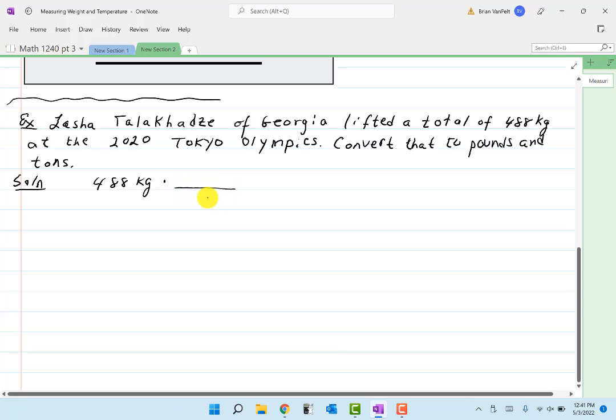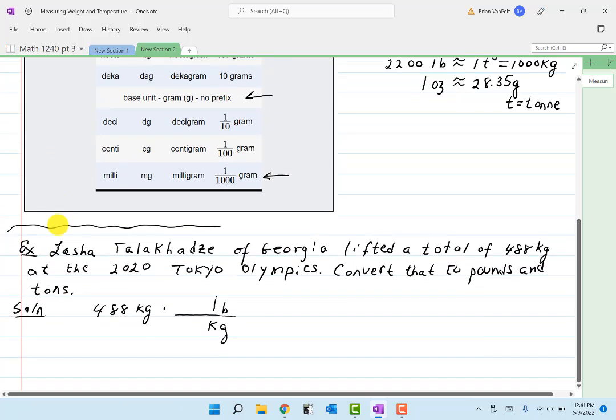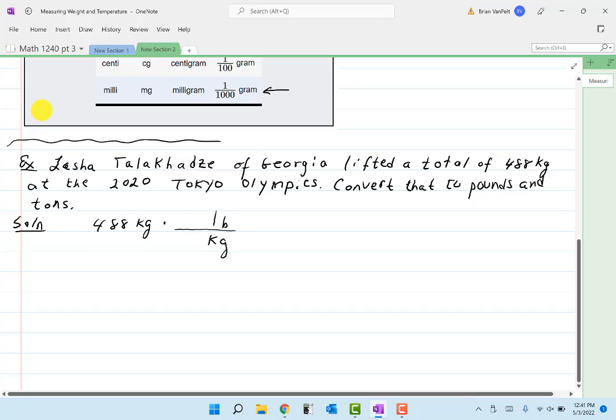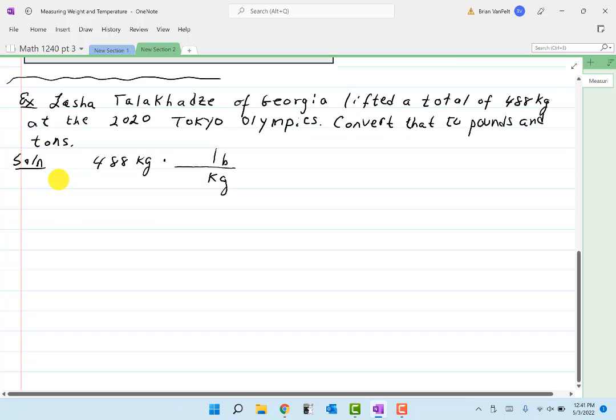I happen to know that there is. Let me put kg on the bottom because I need it to cancel, and then pounds on the top. I believe it was 2.2 pounds was 1 kilogram. So let me go ahead and put my 2.2 up there, 1 kilogram below, cancel.